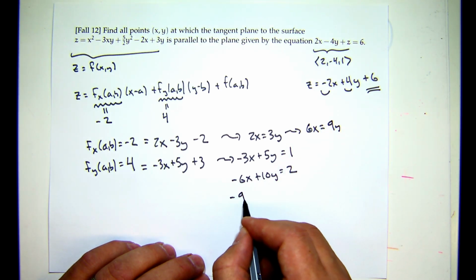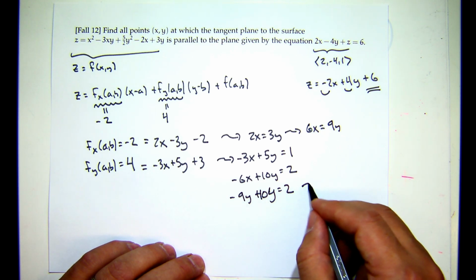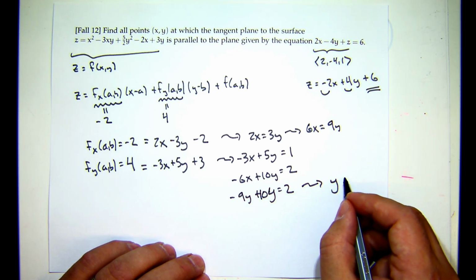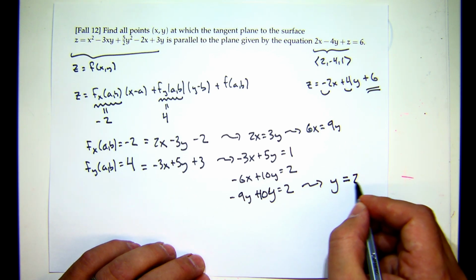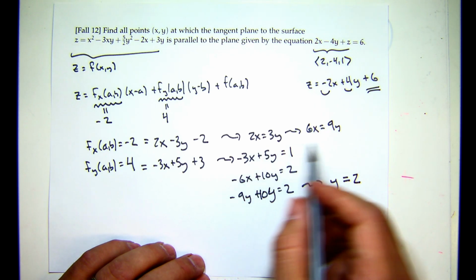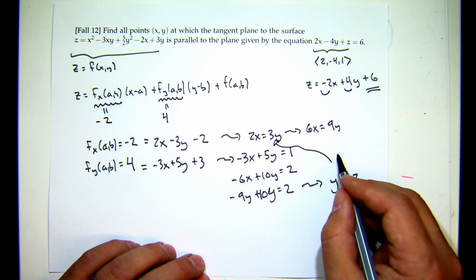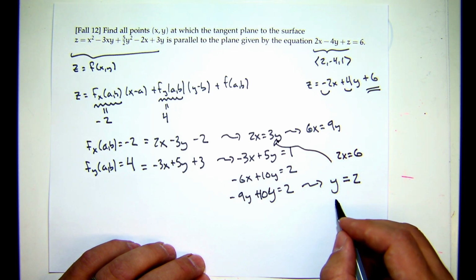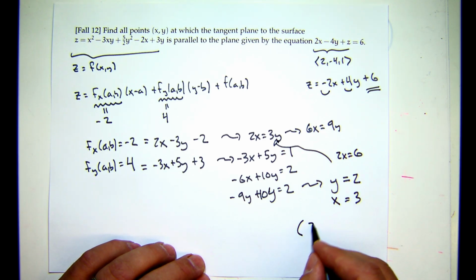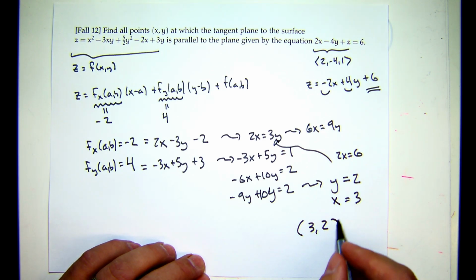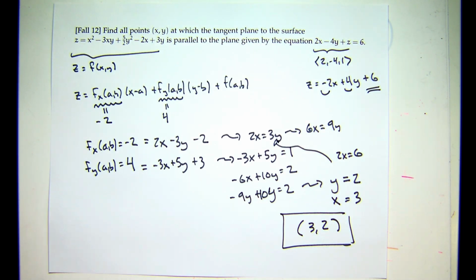So minus 9y plus 10y equals 2. So what does that say about y? Y equals 2. If y equals 2, coming back into here, I get that 2x equals 6. So what is x? X equals 3. And so the only point, all points is 1 point. It's the point 3, 2.